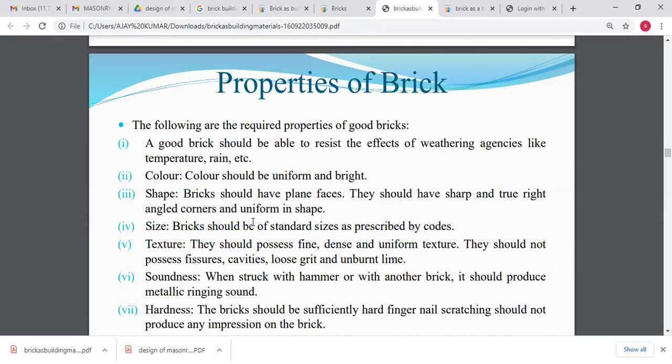As already discussed, the brick should have standard sizes. Next, texture. They should possess a fine, dense, uniform texture. They should not possess fissures, cavities, loose grit, and unburnt lime.